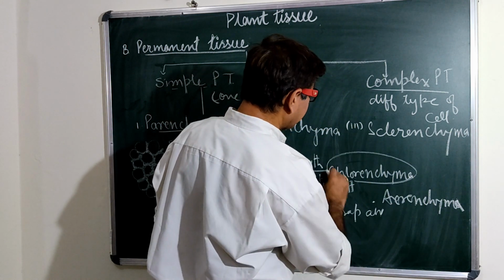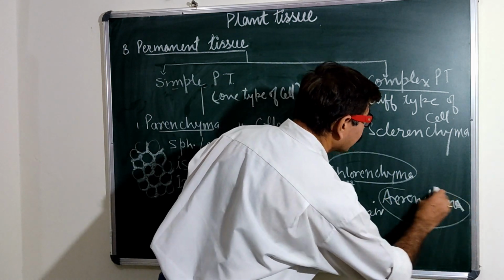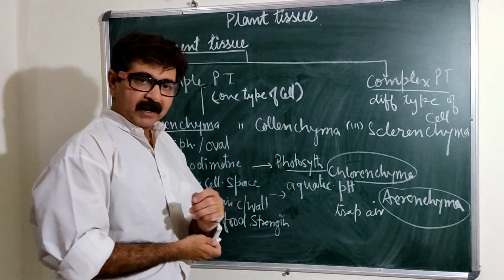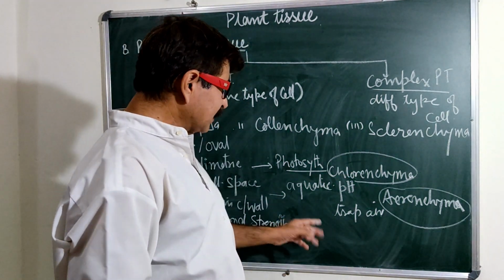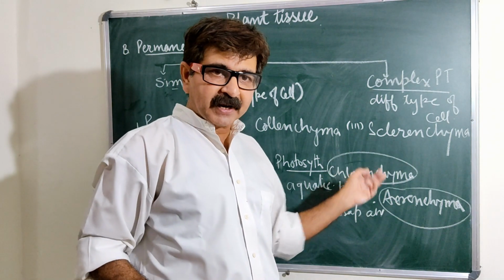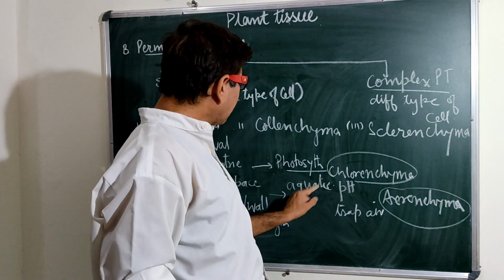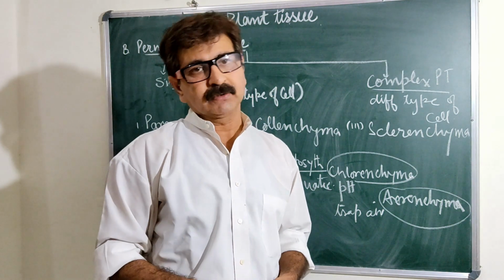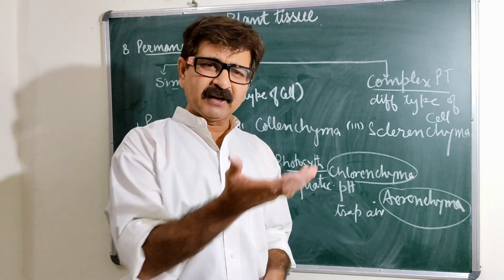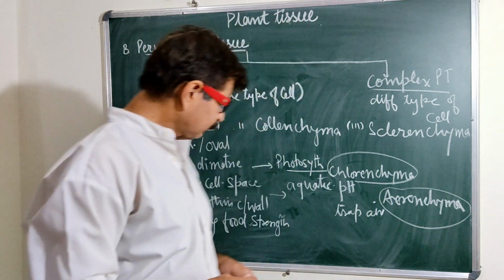So parenchyma tissue, if they have chlorophyll, is known as chlorenchyma. If they have air sacs or air cavity, known as aerenchyma. And this aerenchyma tissue is found in the aquatic plants, where it provides buoyancy to the plant. That's why they float at the surface of the water.